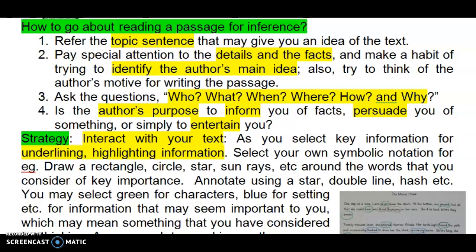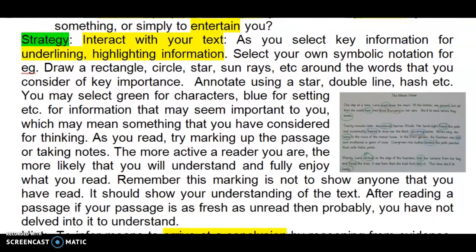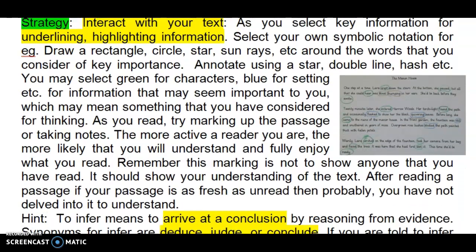The further strategy is to interact with your text. This is the main strategy which will help you infer the idea that is being questioned or asked. You need to determine certain symbols or notations for yourself.